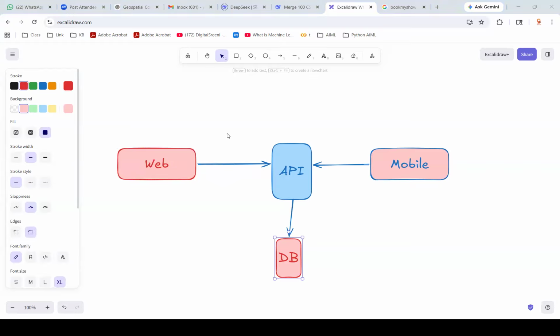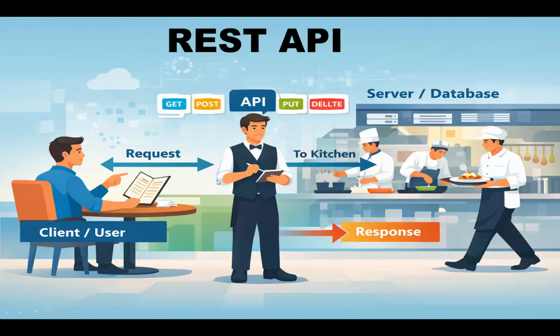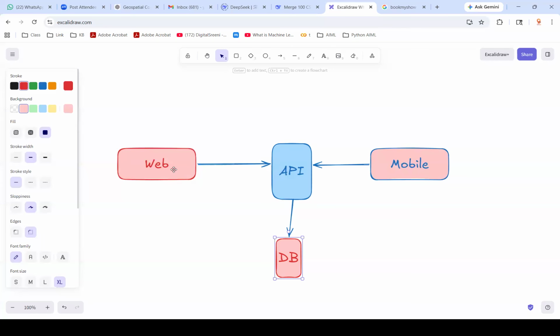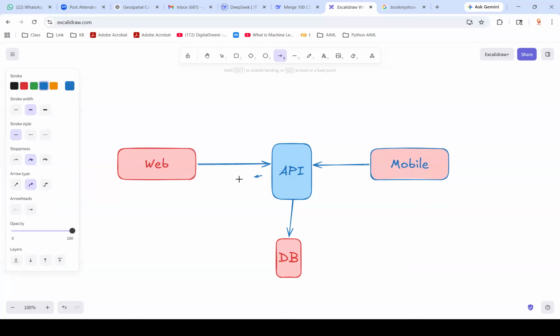So in this image, what we have seen is that the client requests the API. API will interact with the database, and based on the request, will give a response to the web application or to the mobile application.